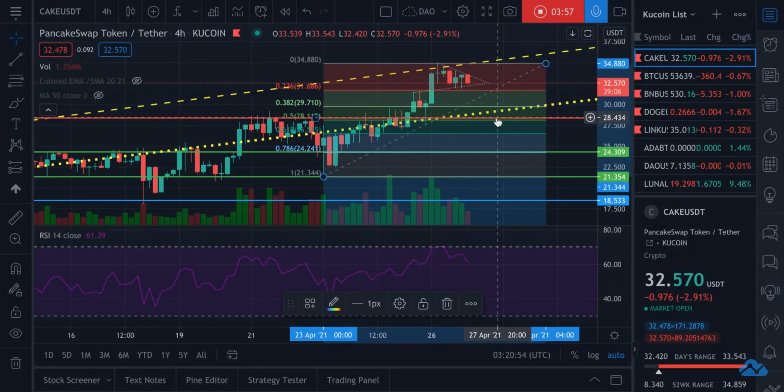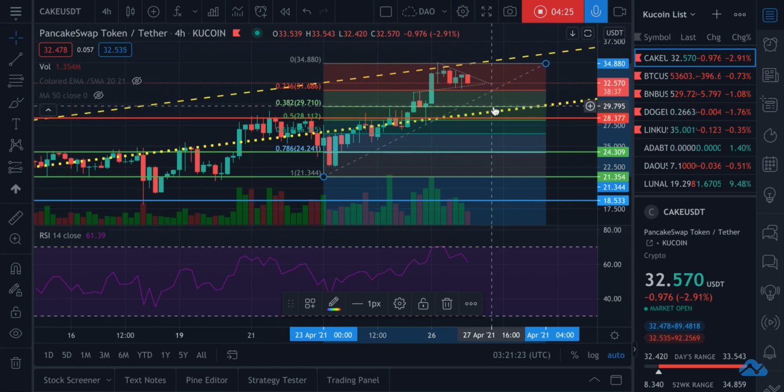Even if Bitcoin happens to go back down to like 47 again, I think this number should hold pretty strong. And if this number doesn't hold, then I definitely think 2657, 2660-ish, is going to hold. I sold a little bit up here, so what I'm looking to do is get back in around this region.